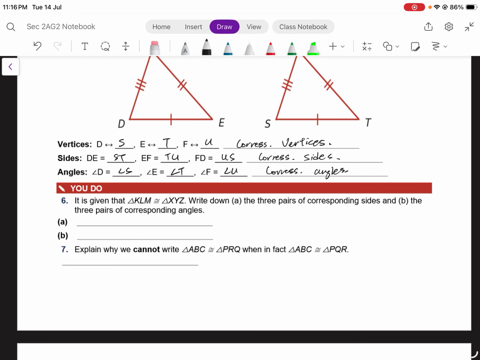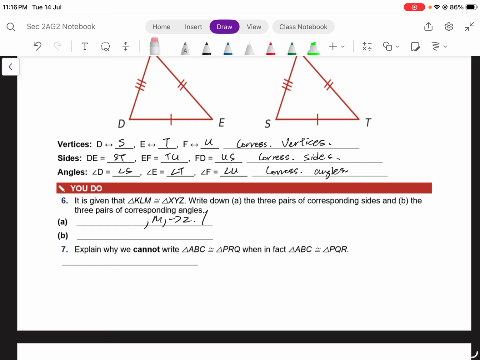Okay, so you do write down the 3 pairs of corresponding sides and the 3 pairs of corresponding angles. So K is to X, L is to Y, M is to Z. Okay, for sides, so this one should be angles then.